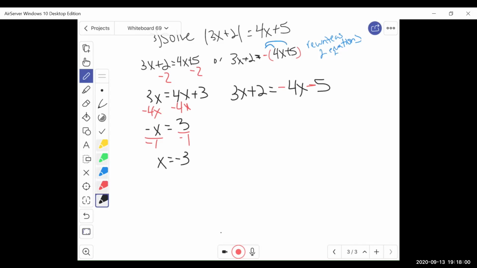Now I can get my x's on the same side. To keep things positive, I'm going to move the 4x over, add it. So we have 4x plus 3x is 7x plus 2 equals negative 5, because those are going to cancel.